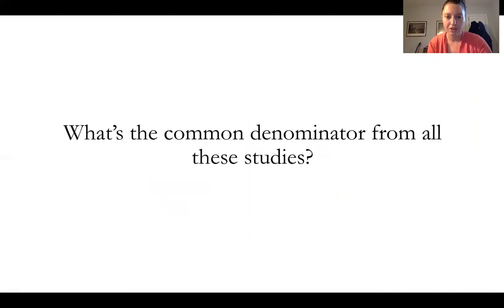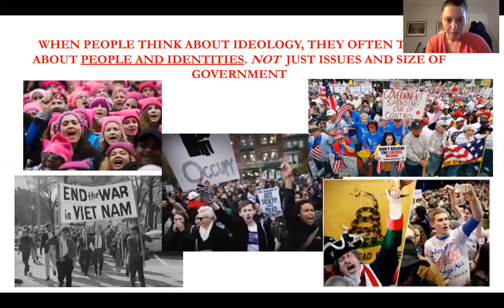So what is the common denominator from all of these studies? Well, the common denominator is that when people think about ideology, they are often thinking about people and groups and identities. They are not just thinking about issues and the role of government.